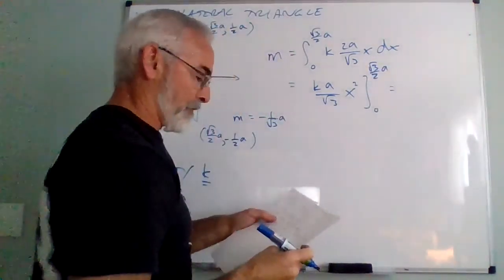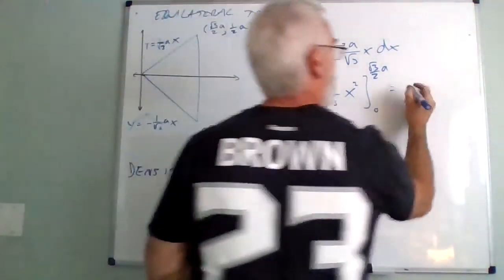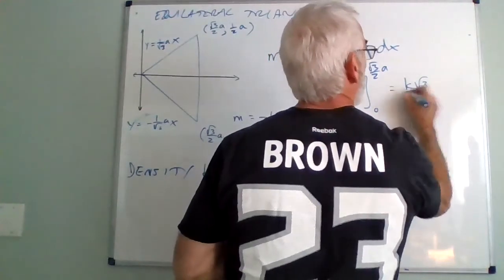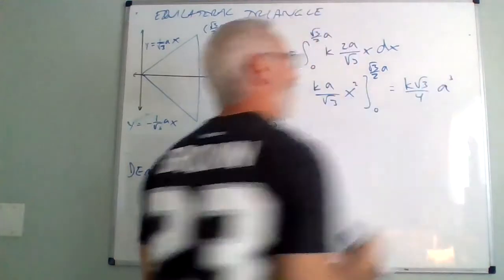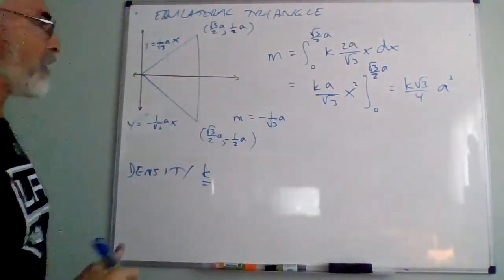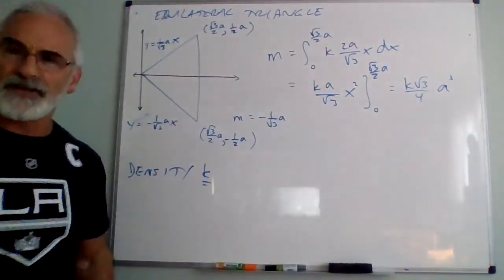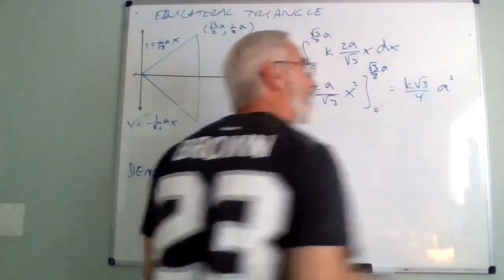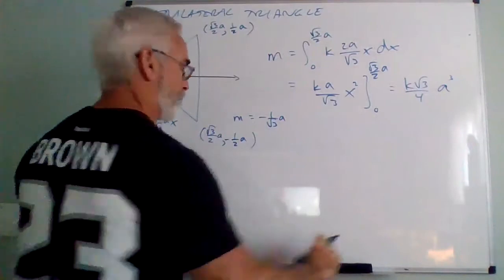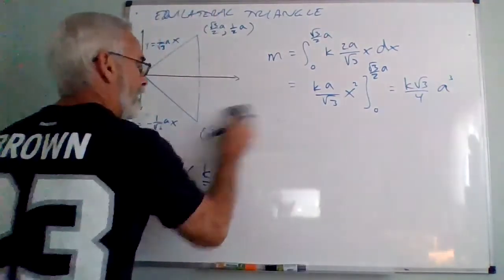And that turns out to be exactly k root 3 over 4 a cubed. Now that looks kind of scary, but remember, a was the length of each side of the triangle, so we would have a number there if we had a specific value of a.